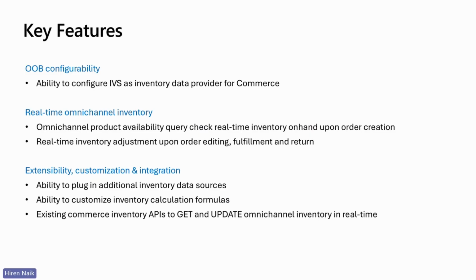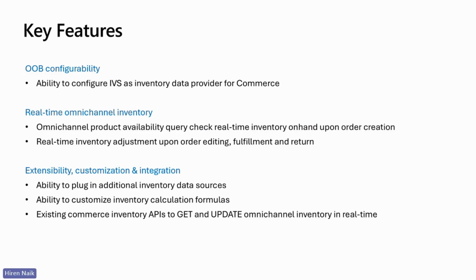In addition to that, it also provides extensibility and customizations. In case you have multiple sources of inventory coming from multiple channels, and you always want to get an accurate view of inventory, it provides an easy way of extending additional data sources and additional measures, and all will be taken into consideration when you use the CSU API for inventory on hand checks or when you are adjusting the inventory.